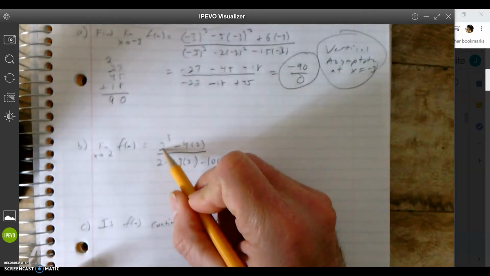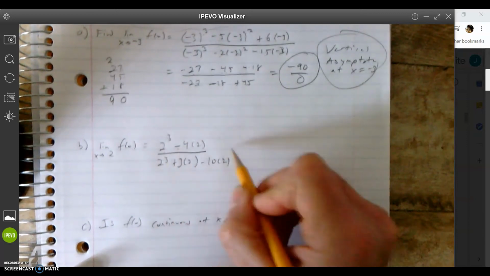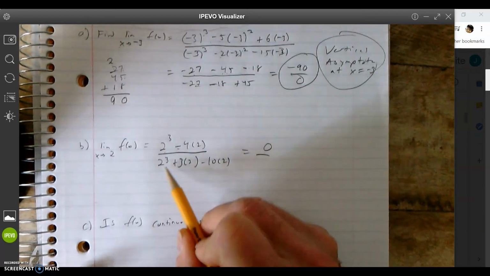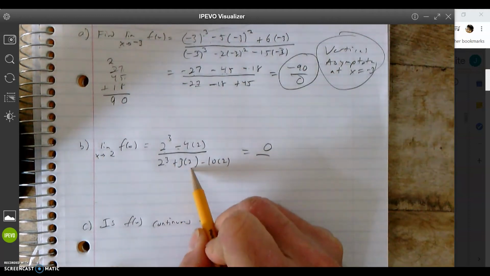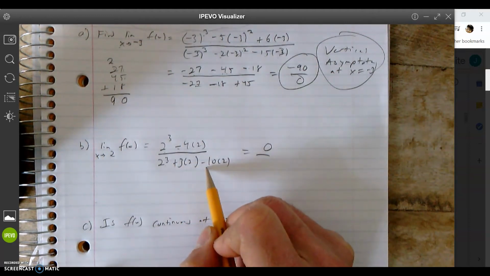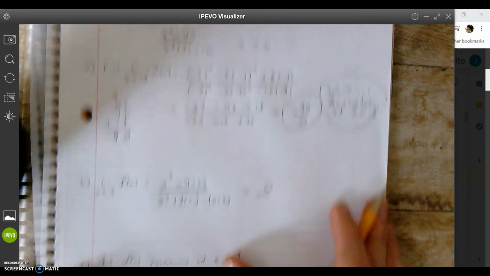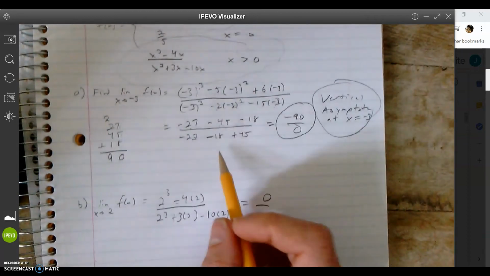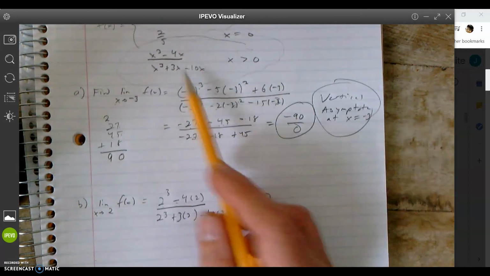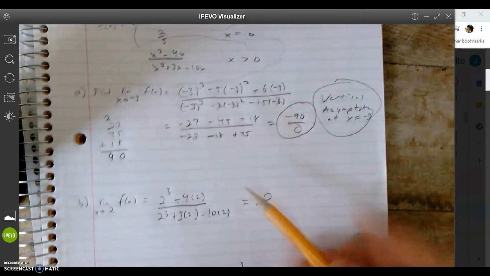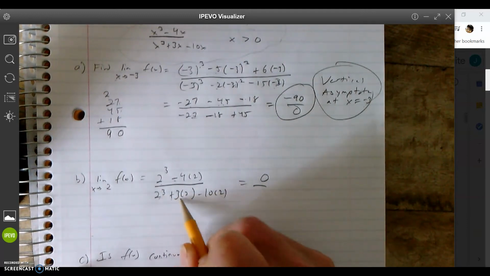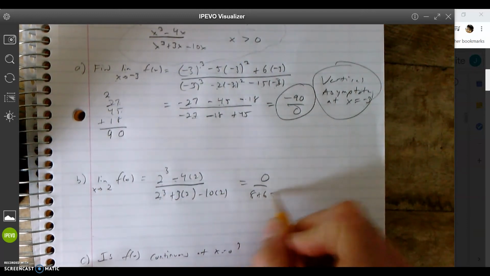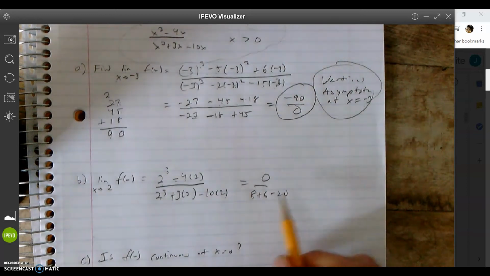All right, let's see what we got. 2 to the third is 8 minus 8, which is 0. The denominator is 8 plus 6 minus 20.